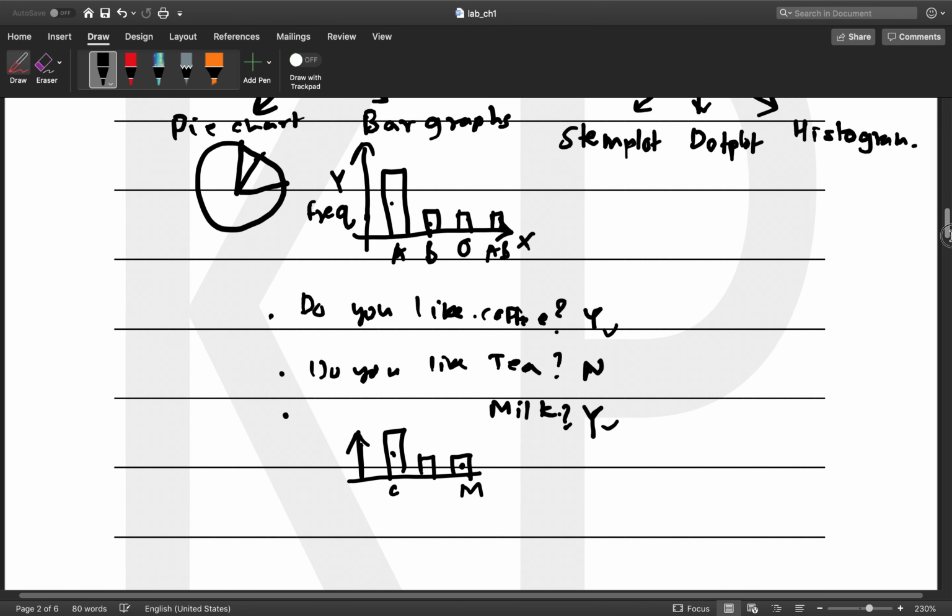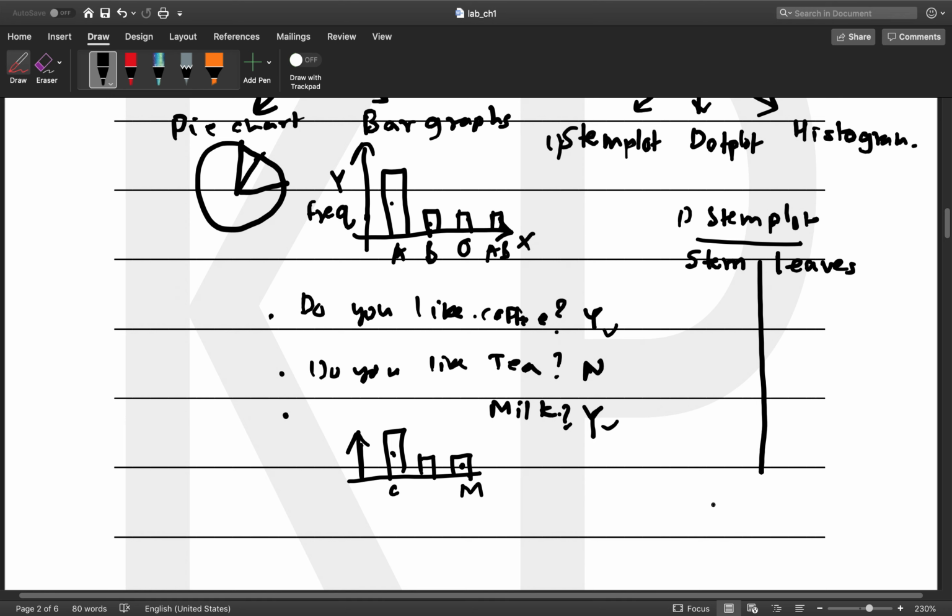Now for the stem plot, I'm going to briefly describe it here. For a stem plot, you just have to divide the data set into two components. Those are called stem, represented on the left side of a vertical line, and then leaf or leaves, based on how many data points you have.